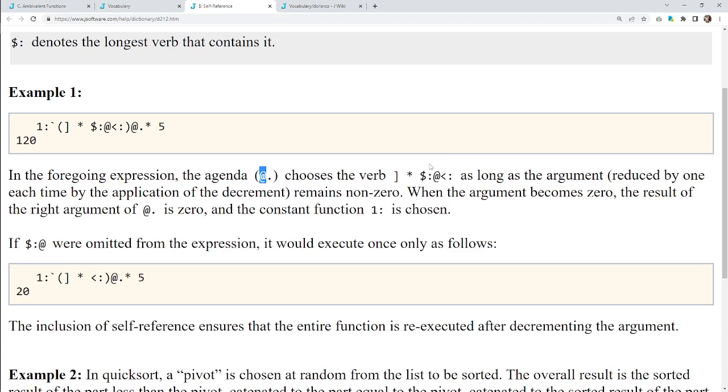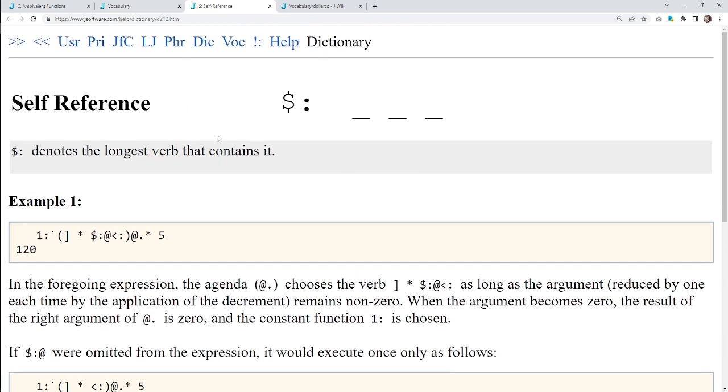It chooses the verb bracket, whatever, as long as the argument is reduced by 1 each time by the application of the decrement, okay, as long as it remains non-zero. When the argument becomes 0, the result of the right argument of at dot is 0, and the constant function 1.